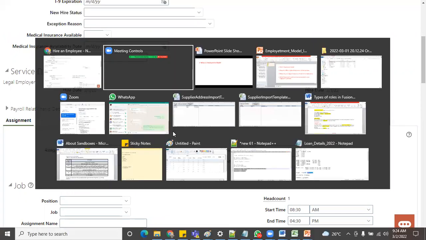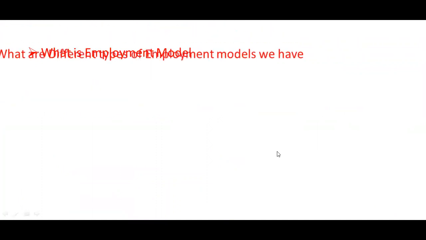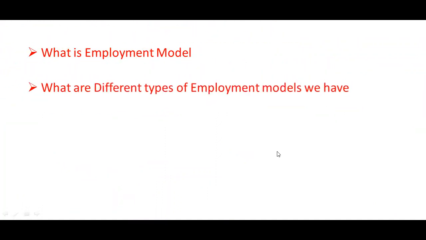So how many types of employment models do we have? There are two types of employment models. One is the two-tier employment model. Another one is the three-tier employment model. In the two-tier employment model, there will be only two components. What are they? Work relationship and assignment.